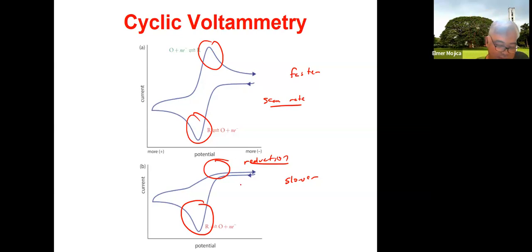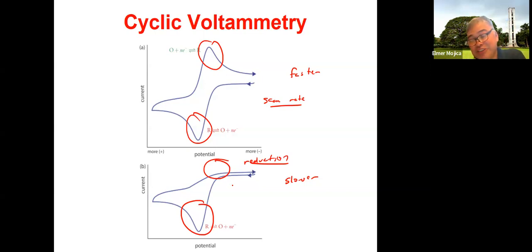But at a much slower rate, we could say the product that you have is not electroactive, because you don't see the peak at the reduction.